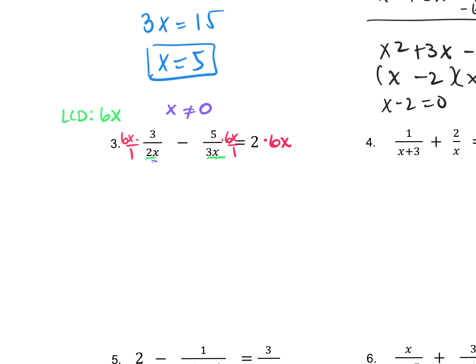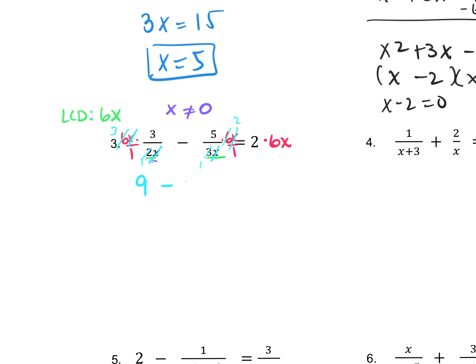If I try to reduce this one, the x's reduce, and 6 and 2 reduce by 3. There's a 3 there and a 1 there, so they reduce by 2. So 3 times 3 is 9, minus, over here, the x is reduced, and 3 and 6 are divided by 3.